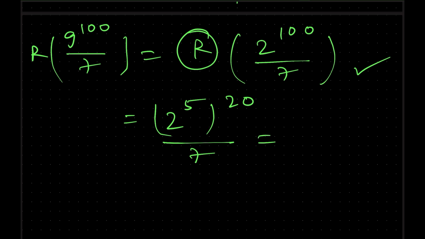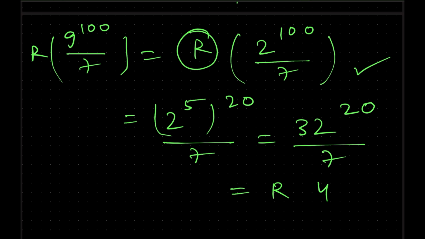So 2 to the power 5 gives us 32, so 32 to the power 20 divided by 7. Again, when we divide 32 by 7, we get remainder 4. So it will be equal to the remainder given by 4 to the power 20 divided by 7.